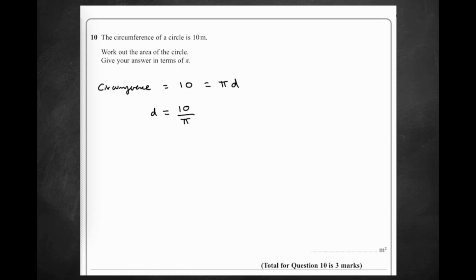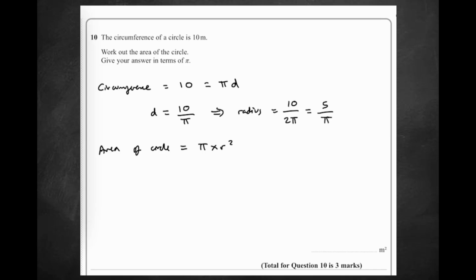we want the area of the circle. So area of circle is going to be pi times r squared. Now we have the diameter, we want the radius, so all we have to do to get the radius is divide by 2. So therefore radius is just 10 over 2 pi, or 5 over pi.